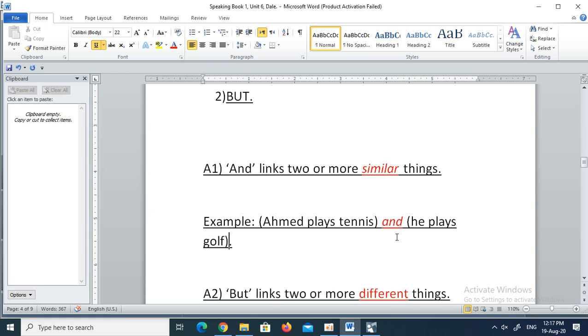So we have our conjunction and it links number 1 and number 2. So Ahmed plays tennis and he plays golf. And tennis and golf are two similar things.